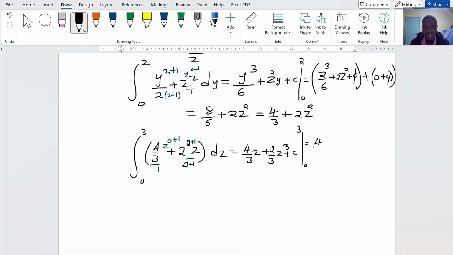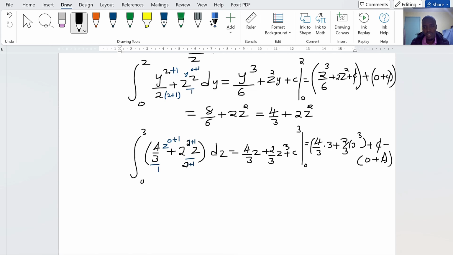Substituting will be 4 over 3 dot 3, which is z, plus 2 over 3 dot 3 cube, then plus, okay, c is missing. So we'll have 3 cube plus c minus into bracket 0 plus c.